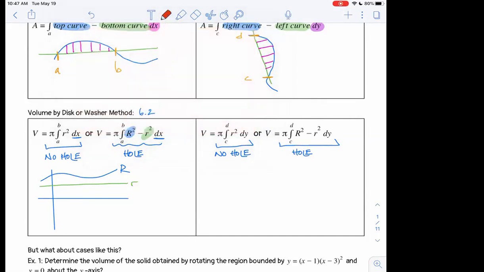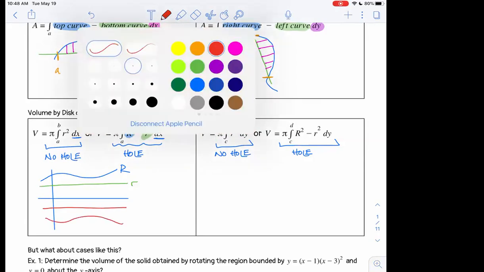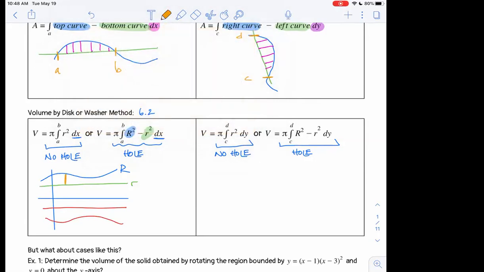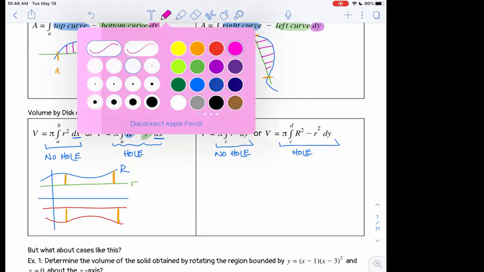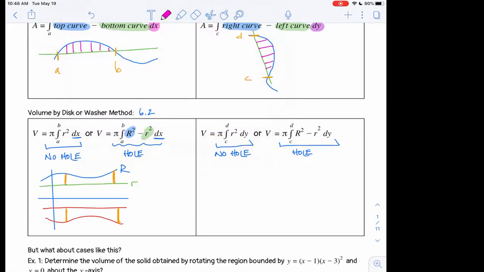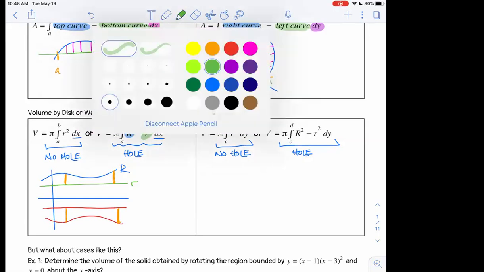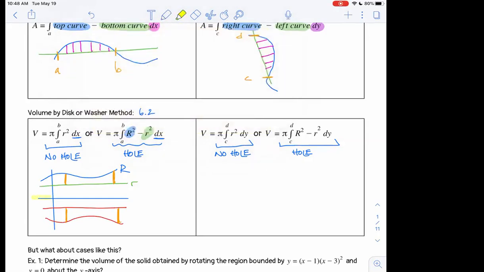Now, you could draw your reflection. So you'd have this part and this part. And let's say we marked off from here to here. Now, if I draw lines, and I'm saying I want to do washer method, wherever my axis of revolution is, the lines that I draw had better be perpendicular to that.